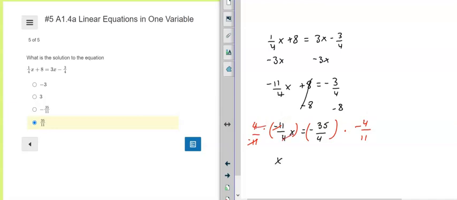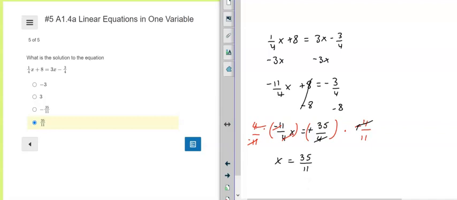And then you have x equals, negative times a negative is a positive, and then the 4's cancel out, so you just have 35 over 11, or you can throw all that in Desmos as well.